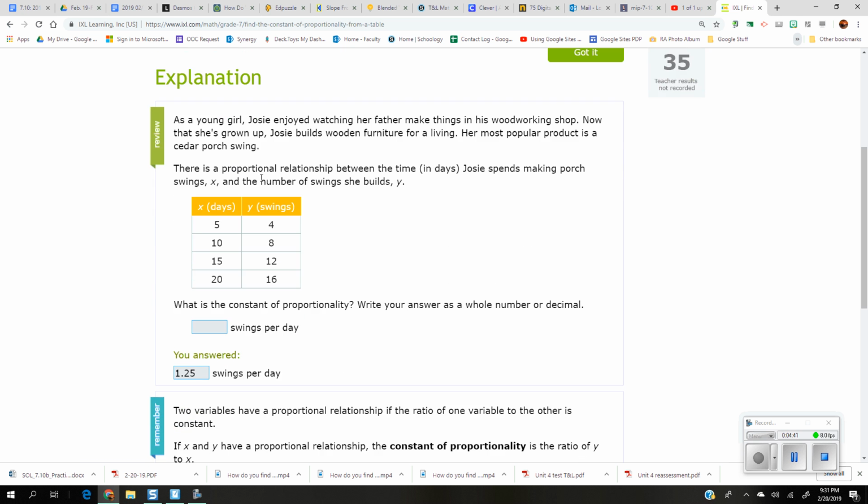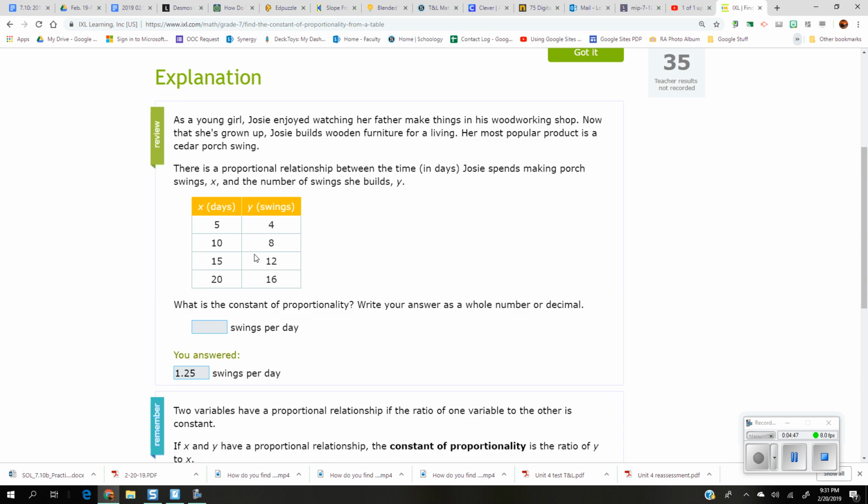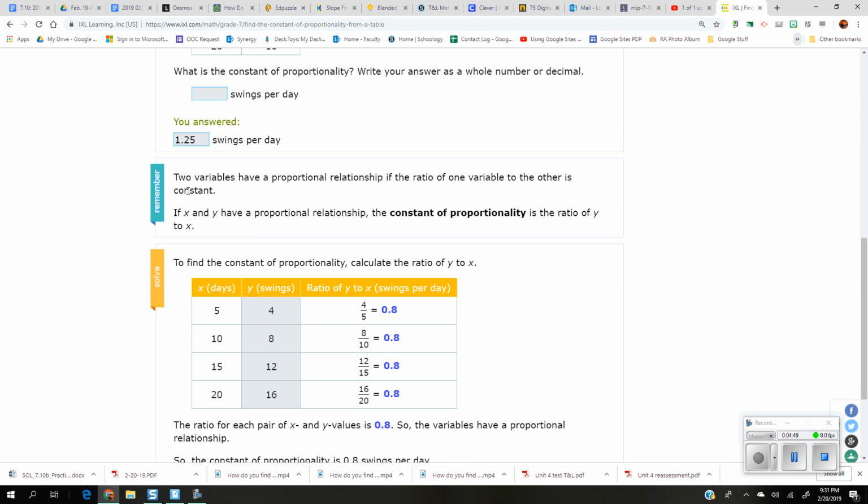So let's see how they got the answer. All right, here's the explanation. It says the two variables have a proportional relationship if the ratio of one variable to the other is constant. If x and y have a proportional relationship, the constant of proportionality is the ratio of y to x.